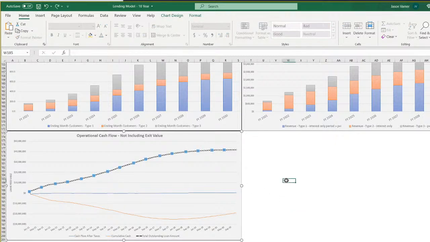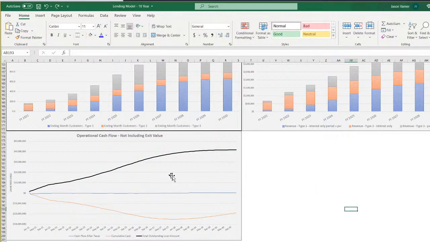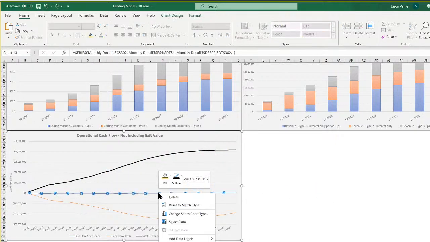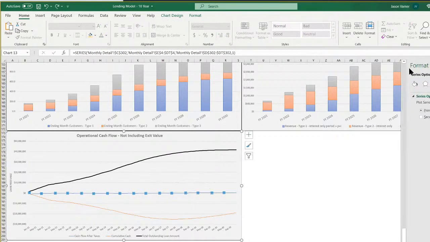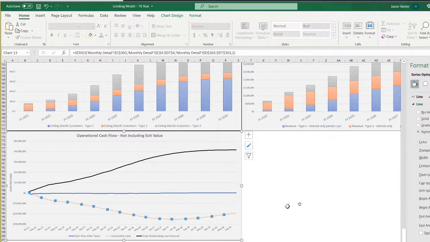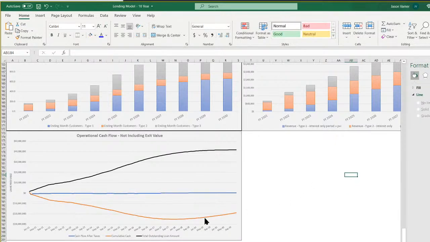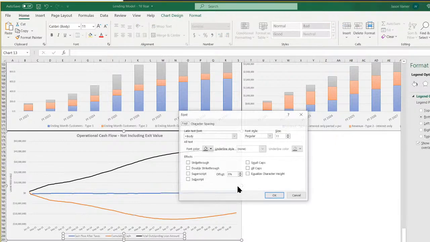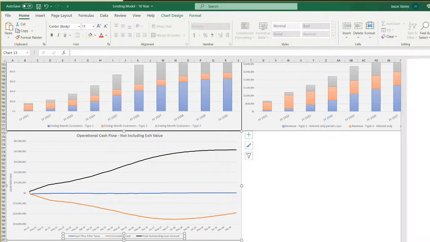Just make it thick. So outstanding loan amount to here, line, and line.